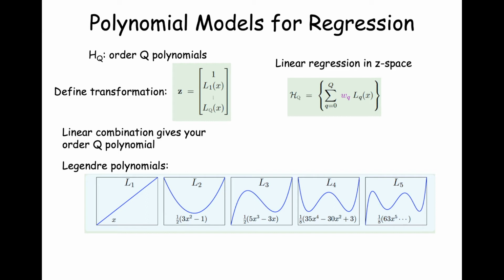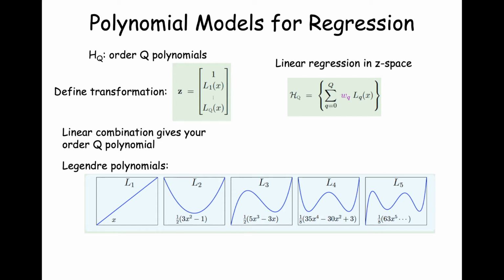Okay, so in the z-space, our hypothesis, H_Q, where Q represents the degree of the polynomial, so the bigger Q, the more descriptive this polynomial is because you have higher order terms, and this Legendre mapping is a method for getting this polynomial so that each one of the terms, the first order, second order, third order, they're orthogonal to one another.